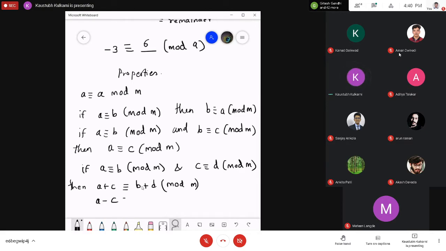A minus C is congruent to B minus D mod M, and AC is congruent to BD mod M.